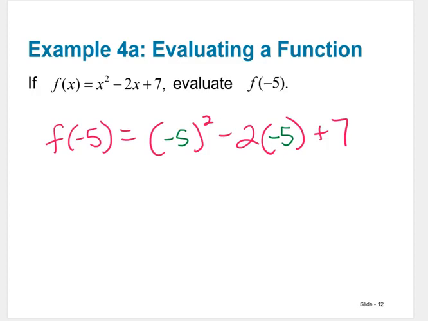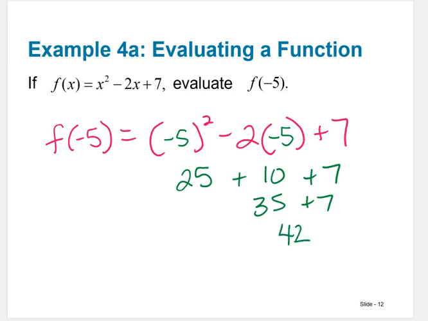So -5 squared is 25. And then -2 times -5 is positive 10. So that's 35 plus 7. And 35 plus 7 would give us 42. All right, so that tells us that f of -5 equals 42.